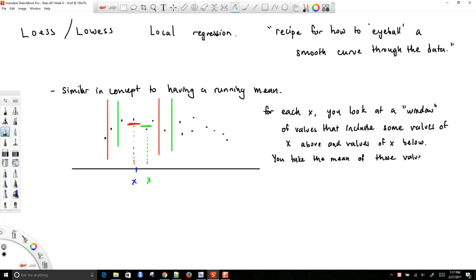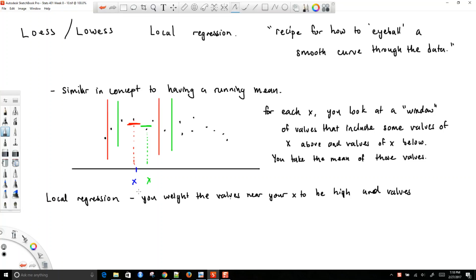For local regression, you weight the values near your x to be high, and values far from x are weighted lower. Then you are fitting a weighted regression model, a weighted least squares model, to that window of data.